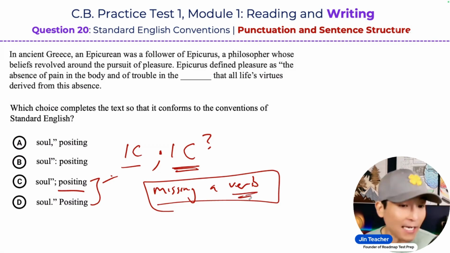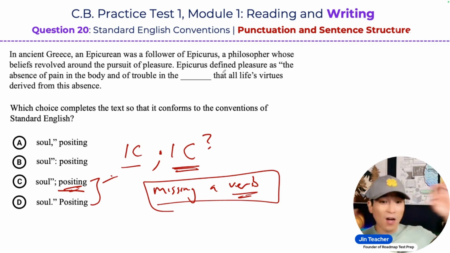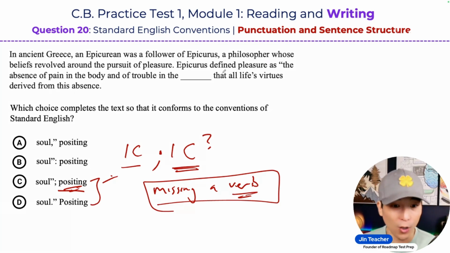It's missing a main verb, okay? So positing that all of life's virtues derived from this absence, what about it? Right? It's missing a verb for that subject. So this part of the sentence only has one long subject in it, right? Positing that all life's virtues derived from this absence is just one long subject, but it's missing a verb, okay?